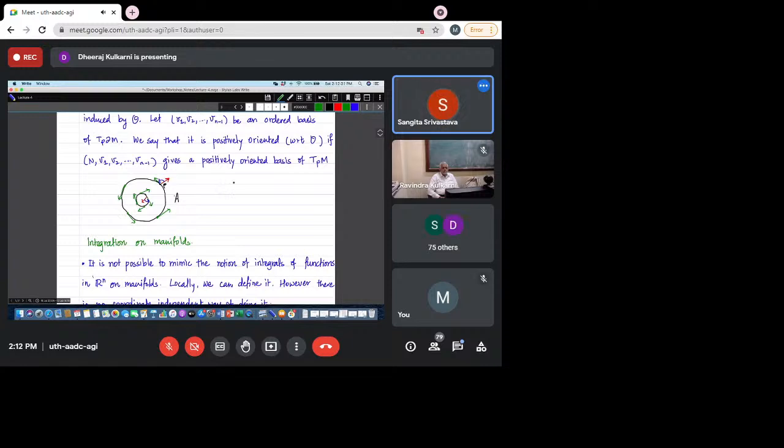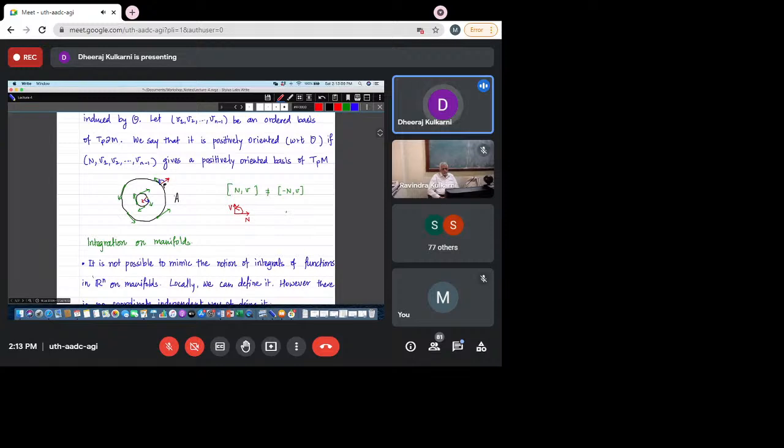For example, the orientation class of (n, v), let's say in the two-dimensional case only, is different from (-n, v). You just see this happening, right? Let's say in the planar case, you have the vector n and the vector v in this way, so that they follow this counterclockwise rule.